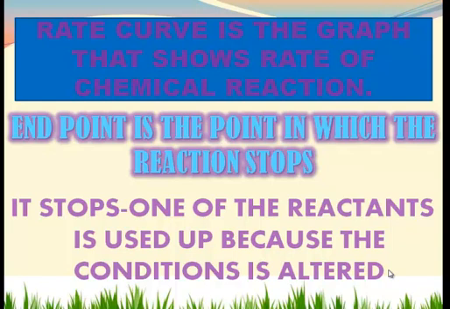It stops maybe because one of the reactants is used up, or because one of the conditions is altered. It can stop because of so many reasons, but one of the major reasons that brings a reaction to endpoint is when one of the reactants is used up.